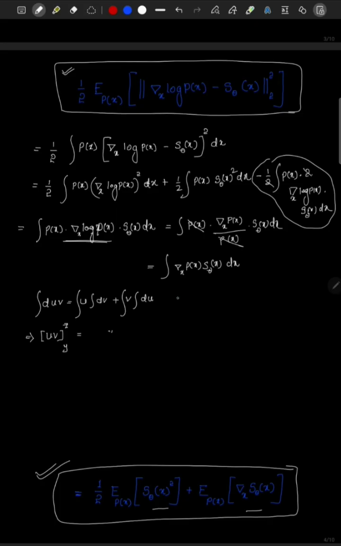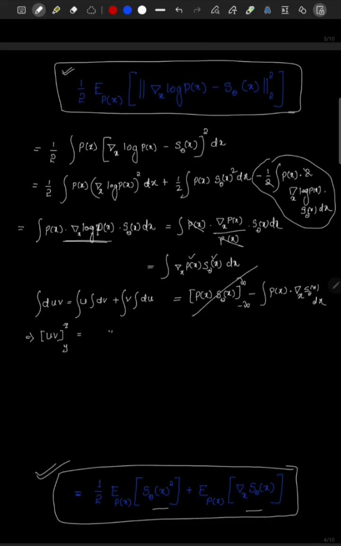Here, if I apply the derivative of two multiplications like u and v, if I consider p of x as u and s theta of x as v, I will have p of x s theta of x, that is the original functions, from minus infinity to infinity, because I want to go through all the data samples, minus the integration of the gradient of p(x) with respect to x times s theta of x dx.